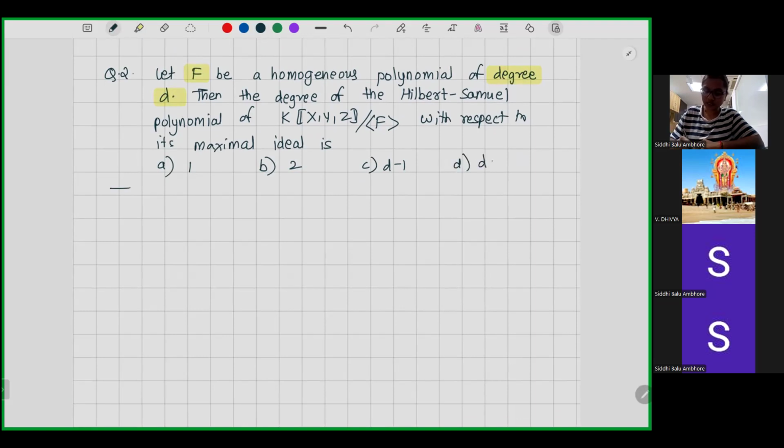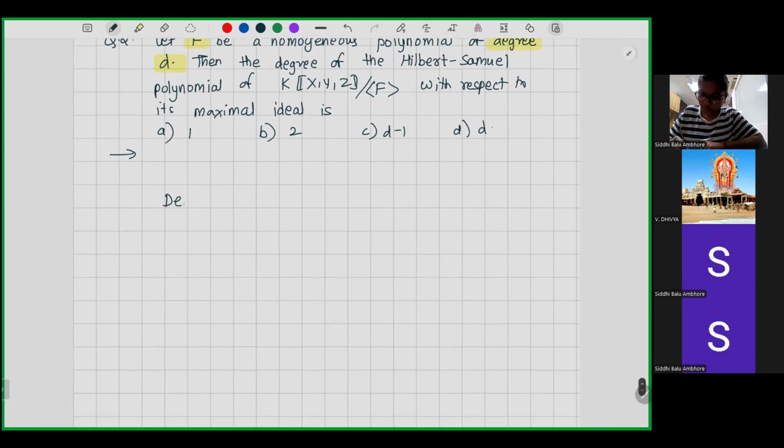So we have to check the degree of this Hilbert-Samuel polynomial whenever I have this f homogeneous polynomial of degree d. First let me go through a quick definition of the Hilbert-Samuel polynomial.